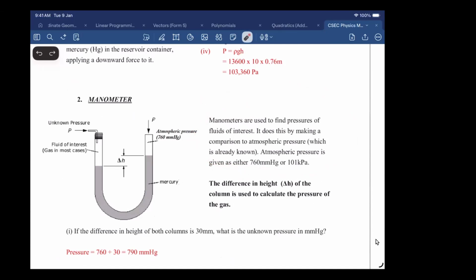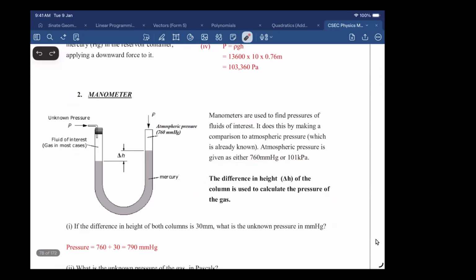It does this by making a comparison to atmospheric pressure, which is already known. Atmospheric pressure is given as either 760 millimeters Hg or 101 kilopascals. The difference in height of the column is used to calculate the pressure of the gas.